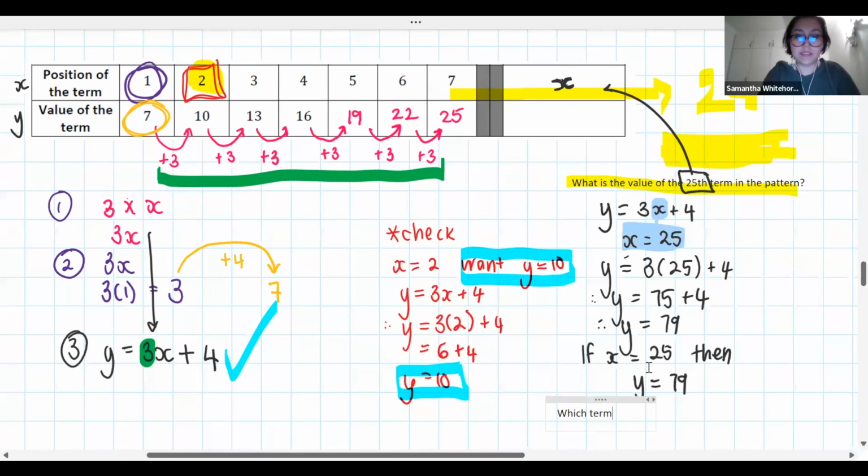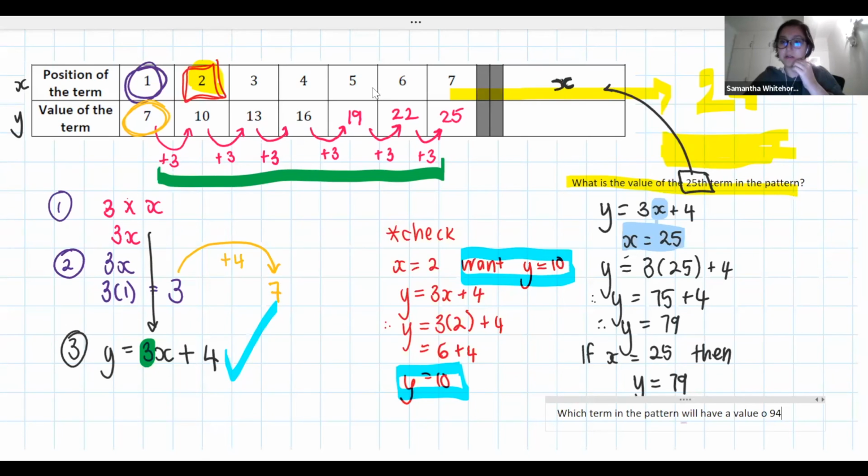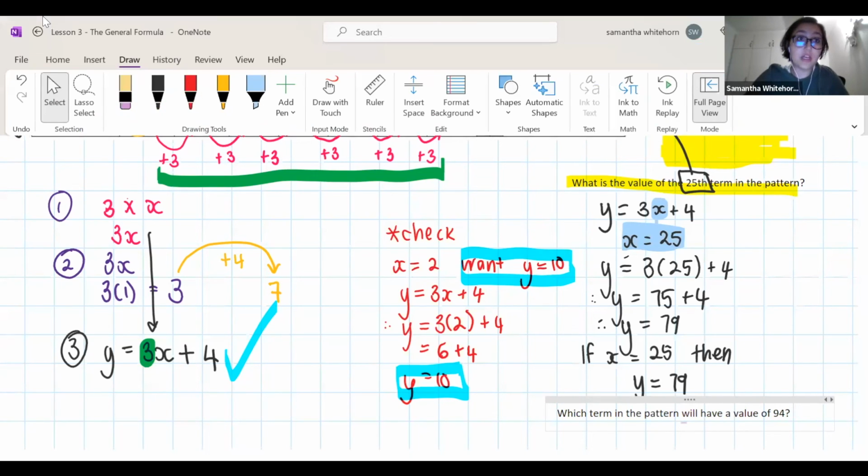Okay. Which term in the sequence, which term in the pattern will have a value of 94? Okay, so that's the next question I want you guys to try. Again, you've got a formula, you've got a pattern.